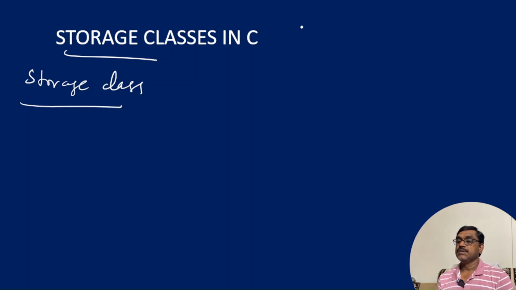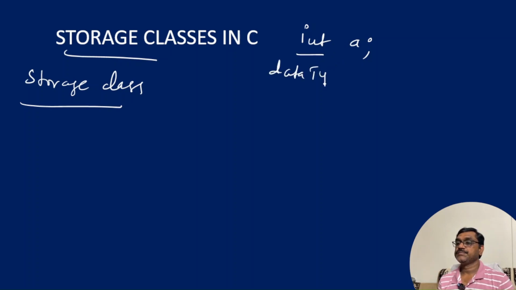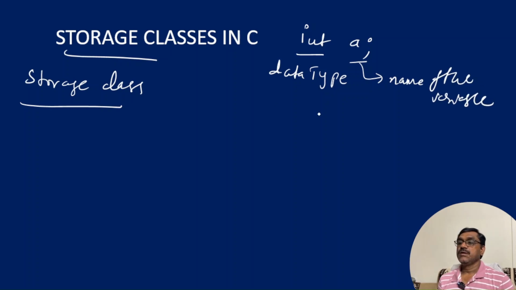See here, generally we declare the variables like this, right? int a. When we say int a, this int refers to the data type and this a refers to the name of the variable. Now, the important thing is, int a, we call it a declaration.